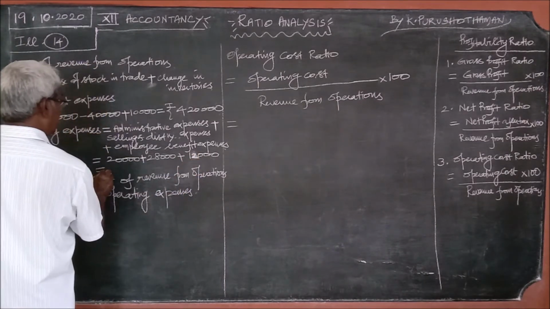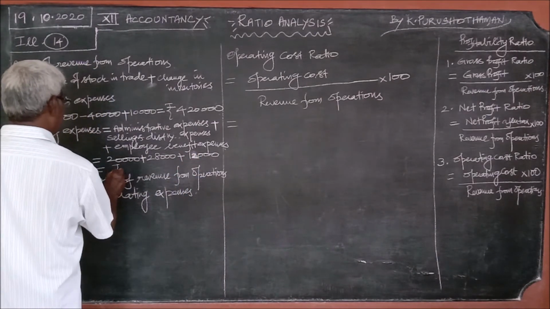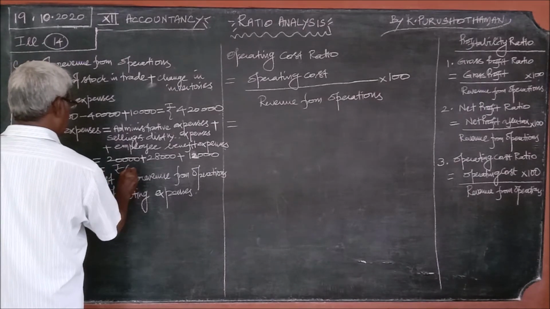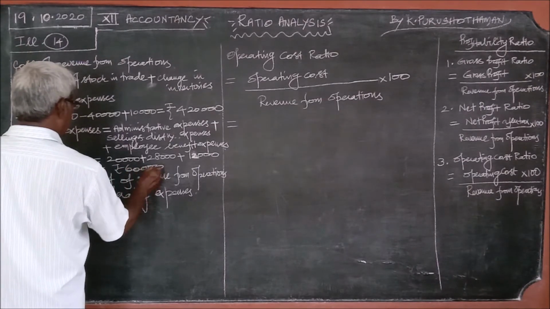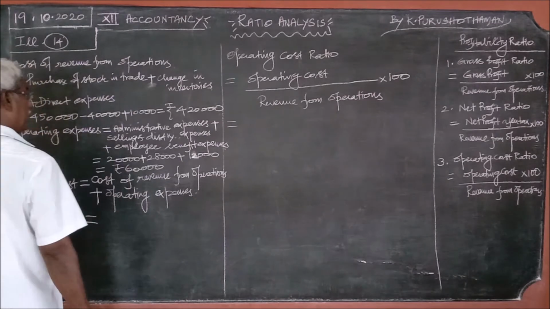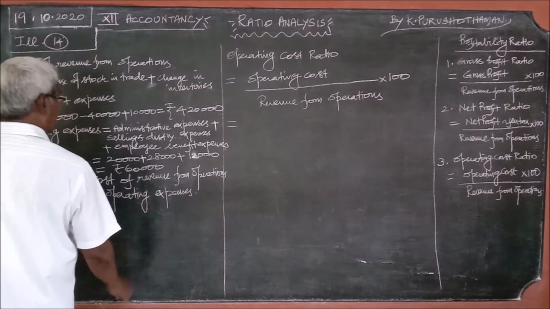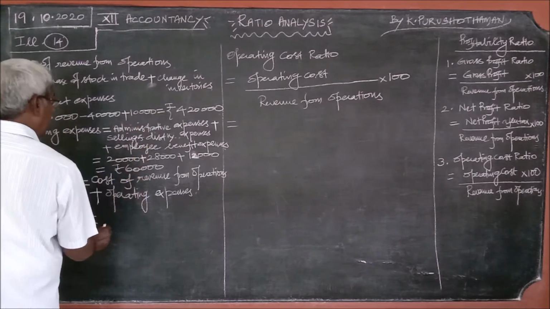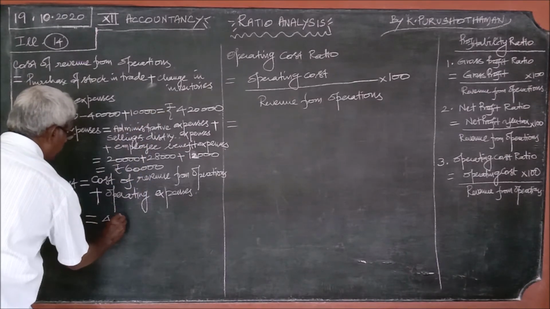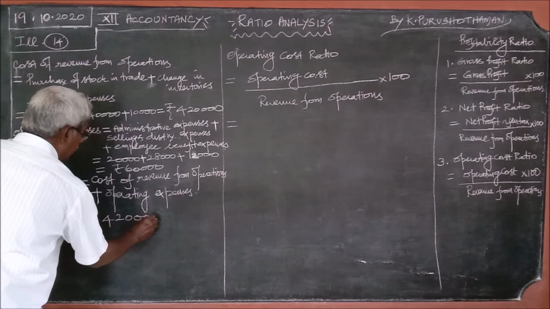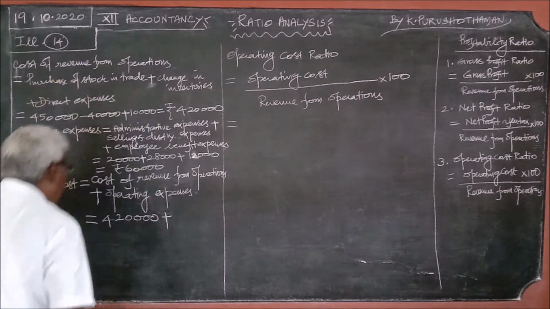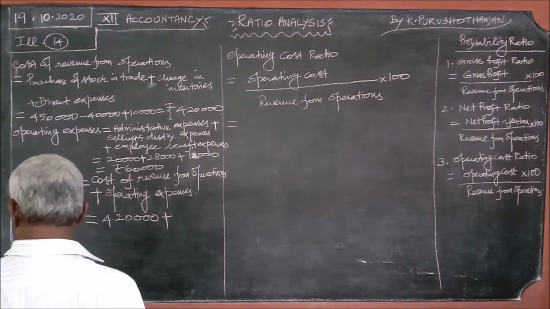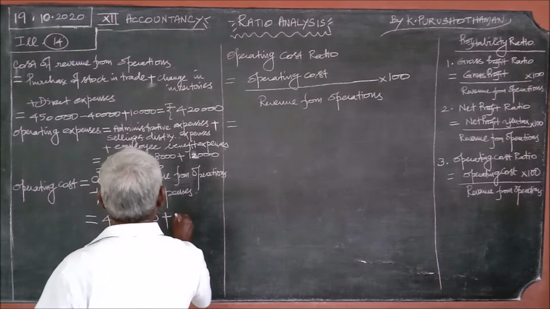So it comes to 60,000. Now, the cost of revenue from operations is found out as 4 lakhs 20,000 plus operating expenses, it is given 60,000.